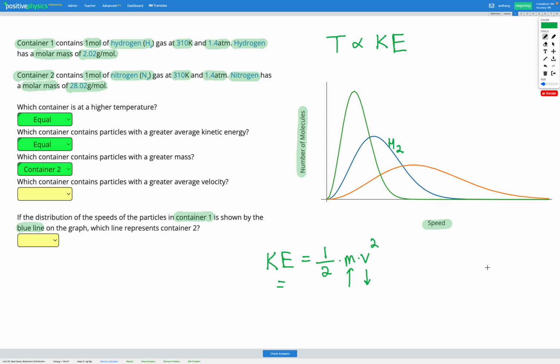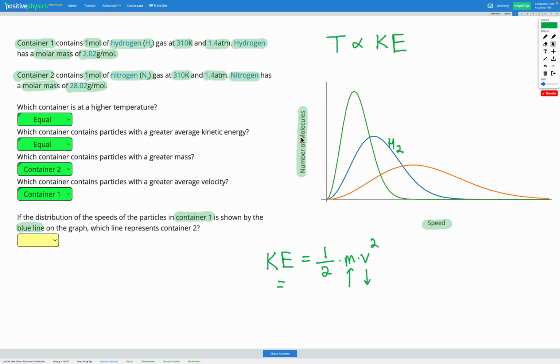So we know that container 1 must have particles with a greater velocity because we know they have the same kinetic energy overall in each container. So if one has a greater mass of particles, the other one must have a greater average velocity of particles to balance out and give the same kinetic energy. Okay, so finally looking at our graph.